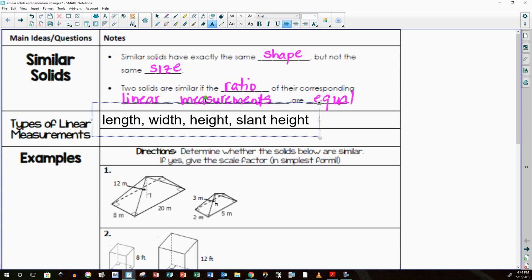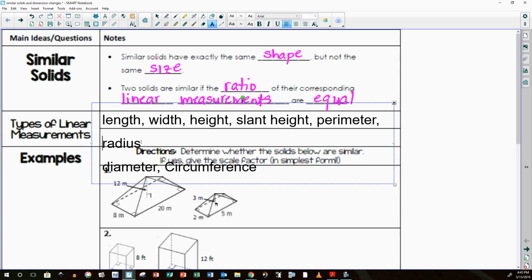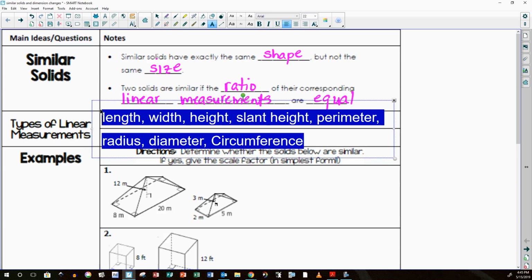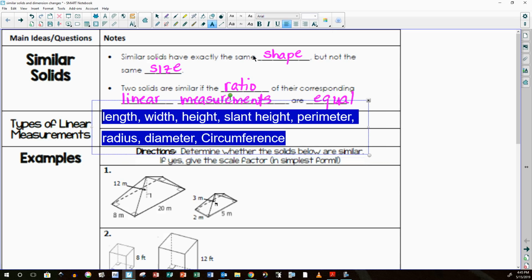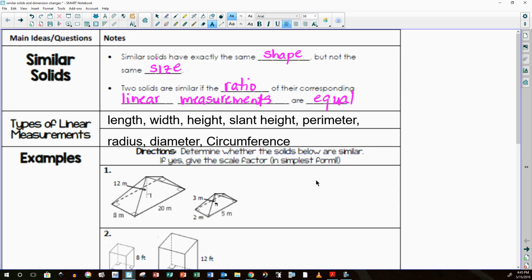So basically anything one-dimensional: the perimeter, the radius, the diameter, and the circumference. So these are the things that would be considered linear.